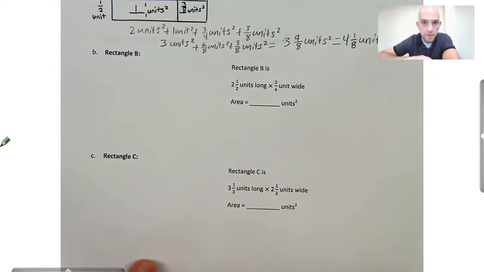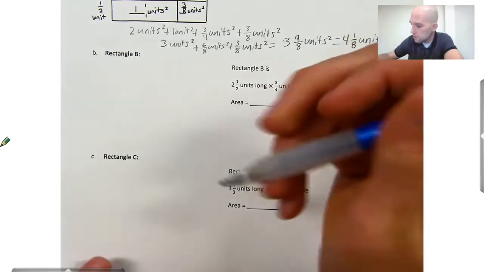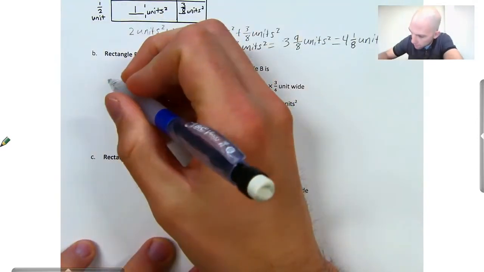All right, rectangle B has not been drawn for us, but it tells us rectangle B is 2.5 units long by 3/4 units wide. We have to find our area. So I have 2.5 this way.